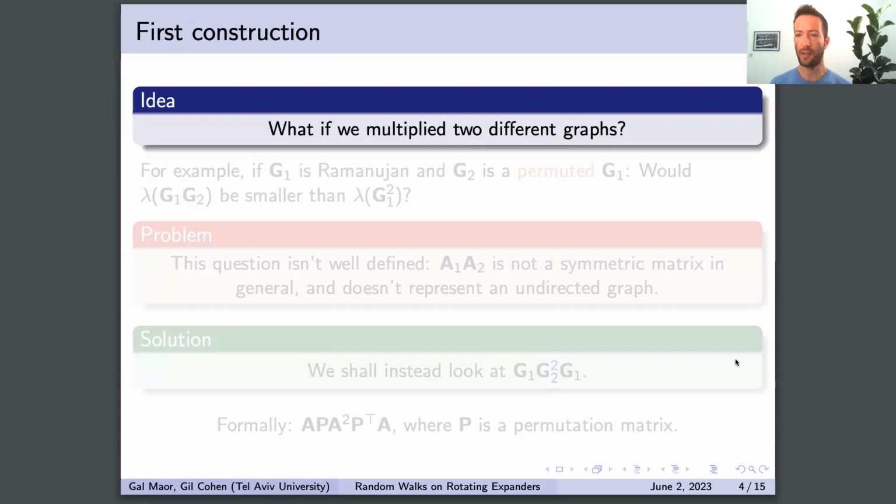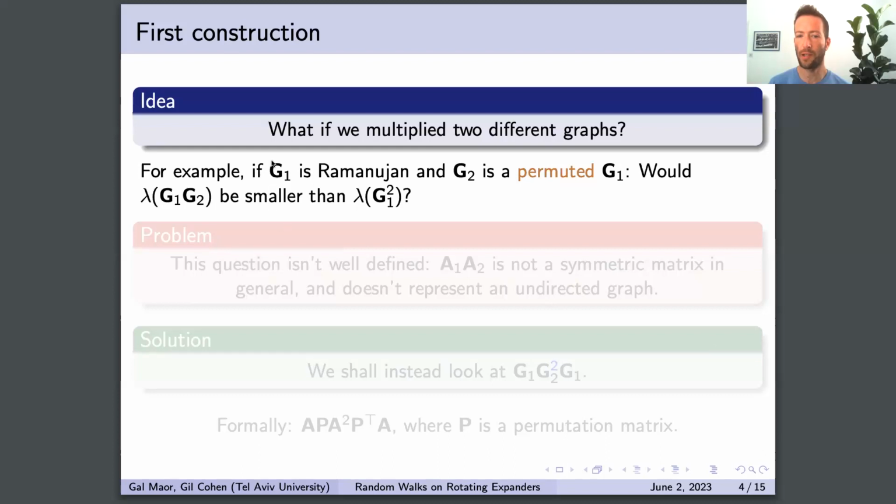Now, here's the first idea. What if I multiplied 2 different graphs? What do I mean here? Well, a power is just a special case for multiplication. So instead of multiplying the graph with itself, I multiply it with a different graph. For example, I start with G1, and I define G2 to be a permuted version of G1. I just rename the vertices, and I ask, would lambda of G1 G2 be smaller, be better than lambda of G1 squared?